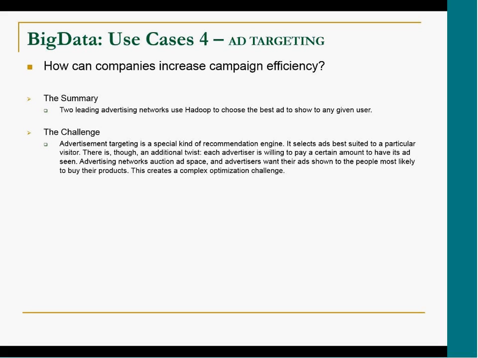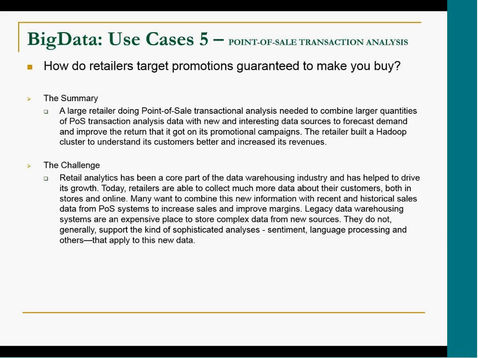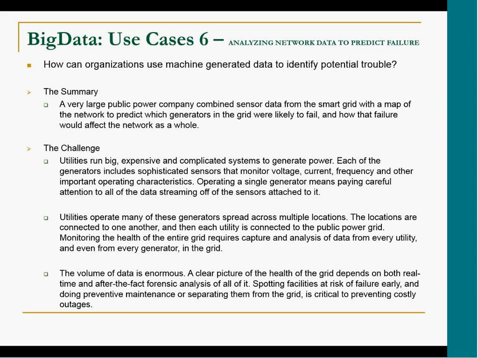Companies can increase campaign efficiency, and do point of sale transaction analysis, so retailers can target promotions and send the right advertisement to the right people instead of sending it to the wrong people and losing money.